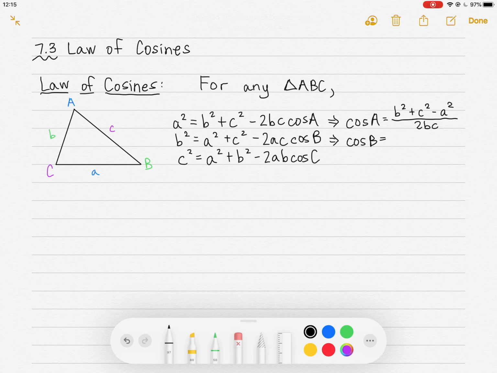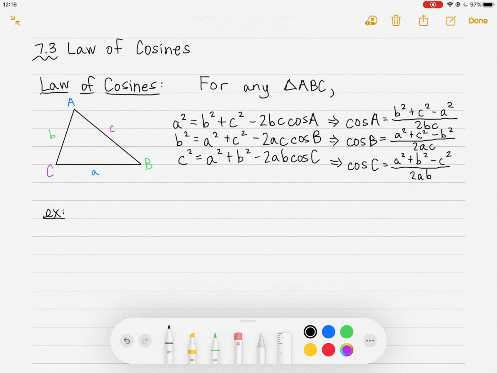But cosine of big B is equal to little a squared plus little c squared minus little b squared all over 2ac, and cosine of big C is little a squared plus little b squared minus little c squared all over 2ab.